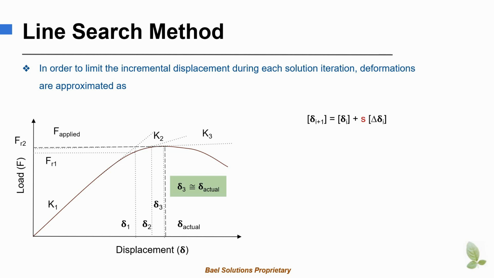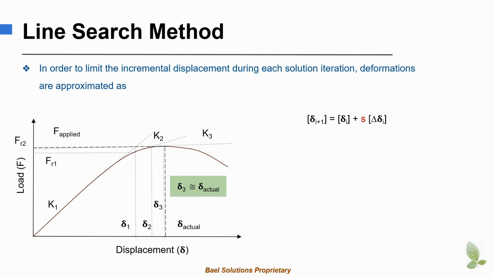Deformations at the start of the next iteration, delta i plus 1, are equal to deformations at the start of the present iteration, delta i, plus line search parameter S, multiplied by incremental deformation, delta delta. Incremental deformations, delta delta, are calculated using the same matrix equation mentioned in the previous slide.